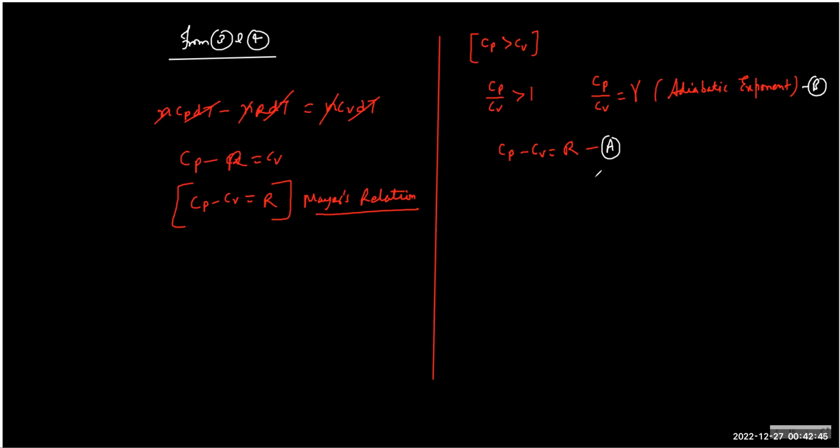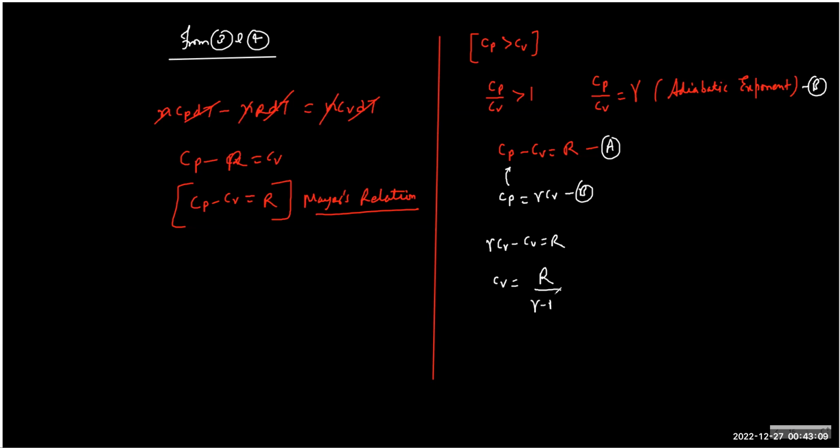So tell me how to write Cp as well as Cv in terms of gamma. So what can we write for Cp? Cp is how much? Gamma Cv. And if you substitute here, what will we get? Gamma Cv minus Cv equals to R. So Cv is how much?